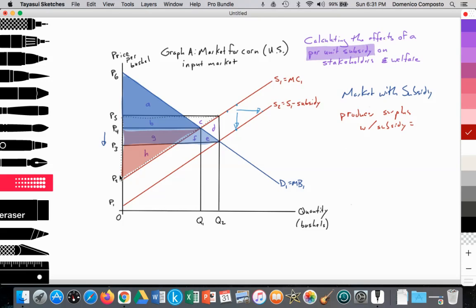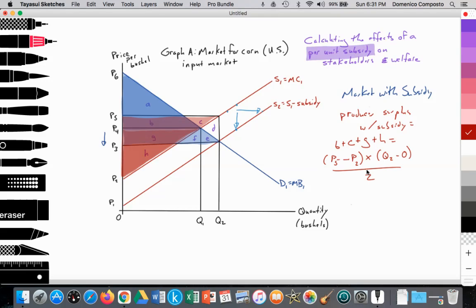And this becomes the triangular area that we're now calculating. So that is going to be equal to areas B plus C plus G plus H. And that's going to be equal to this height, P5, minus P2, multiplied by this base of Q2 minus 0, which is Q2, divided by 2. And that will give us this triangular area.